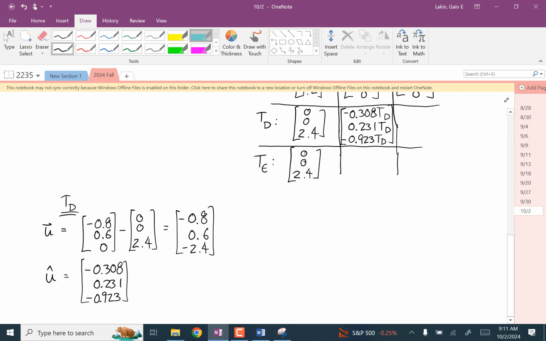And then the cross product, okay, 0.8, 0.231.